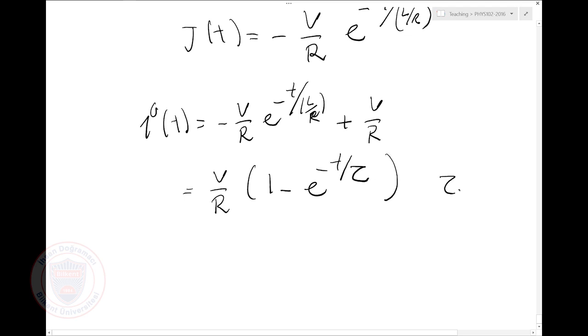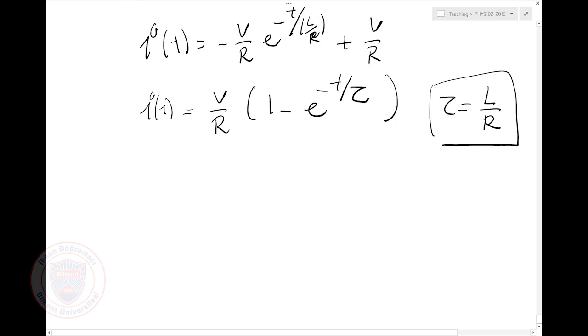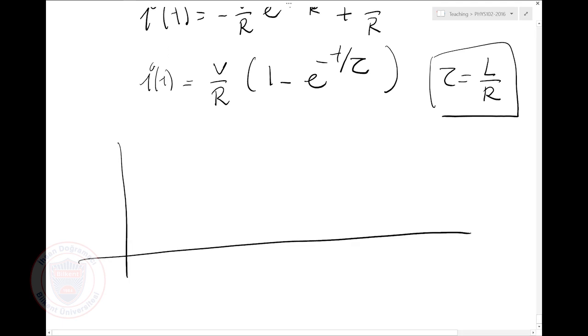I'll call tau L over R. Hey, this is kind of what we expected in the first place, right?